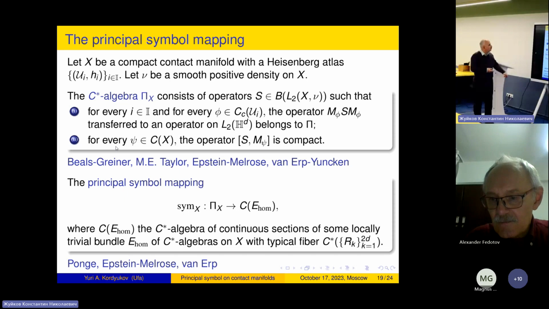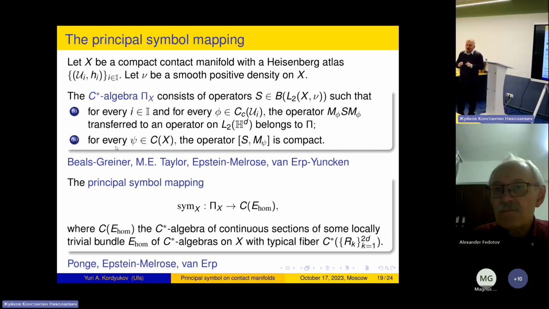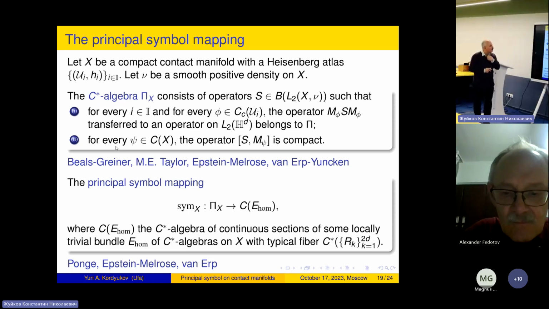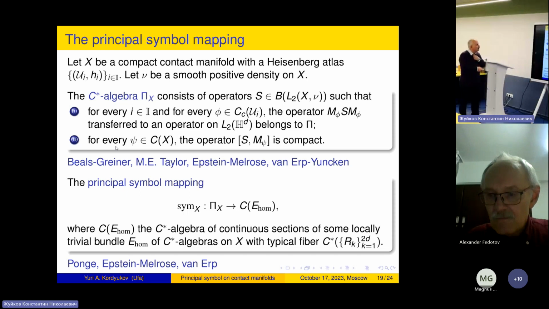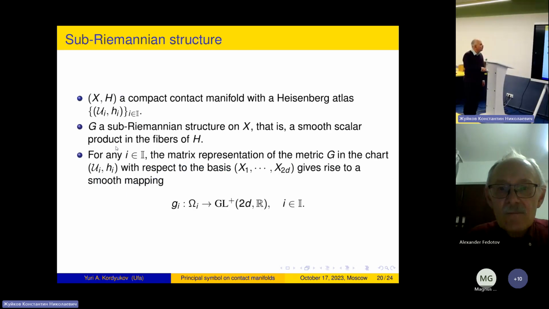Actually, these constructions of pseudodifferential operators have a long history, so these are just several names with several approaches: the classical ones of Beals-Greiner, Taylor, Epstein, Melrose, and the principal symbol mappings of Ponge, Epstein, Melrose. And our approach is different, as I explained, since we use these Riesz transforms.